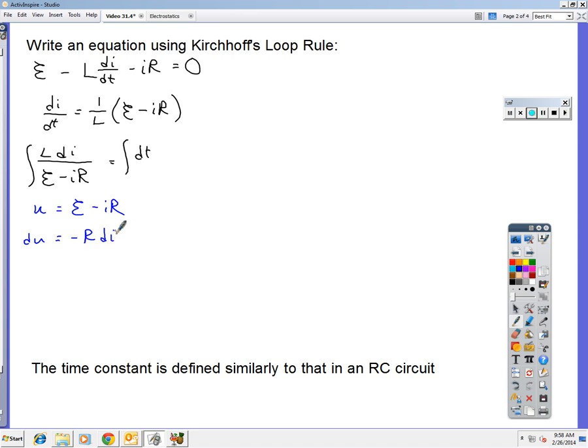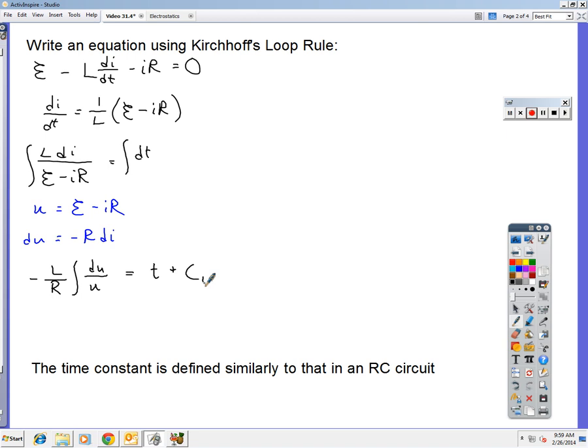Using that, the left side integral turns into negative L over R times the integral du over u, and the right side is just the integral t plus some constant that I'll call C1.